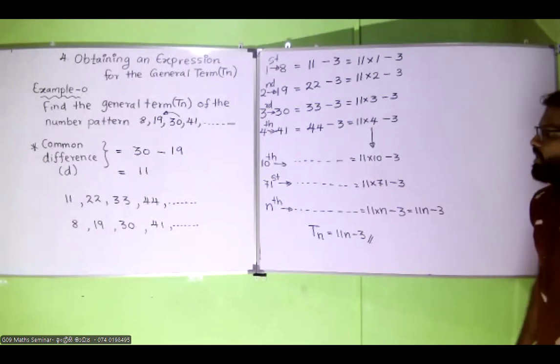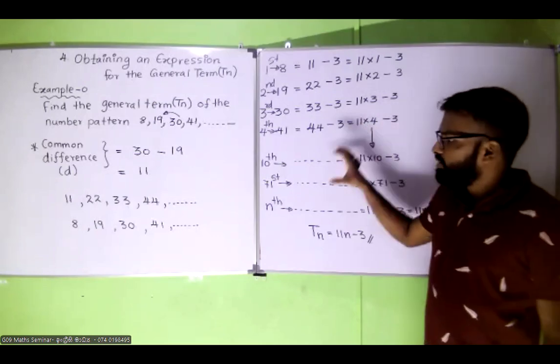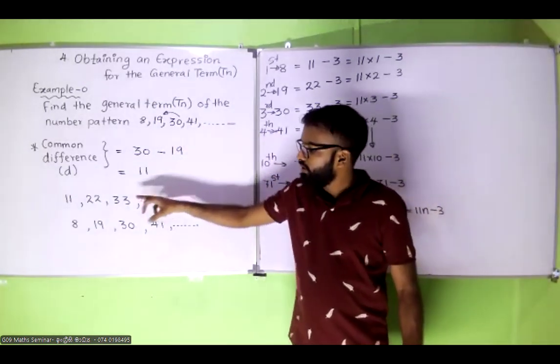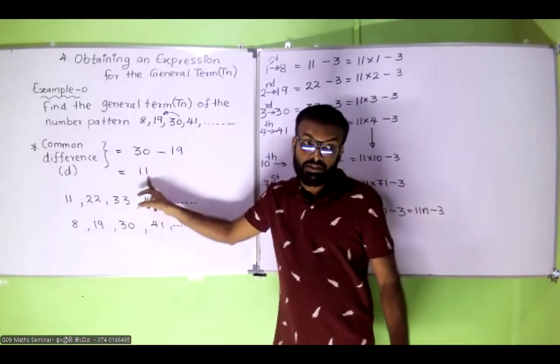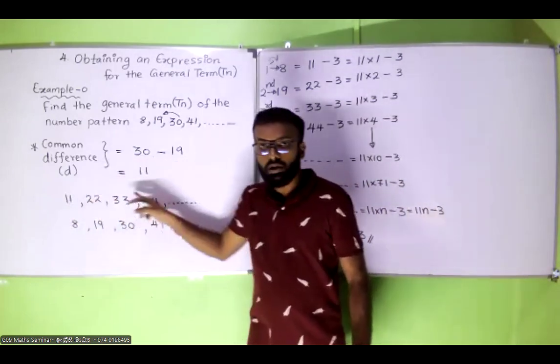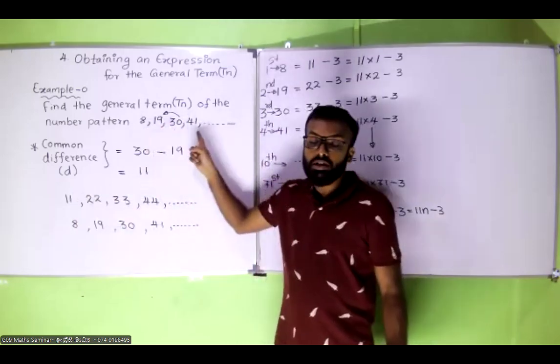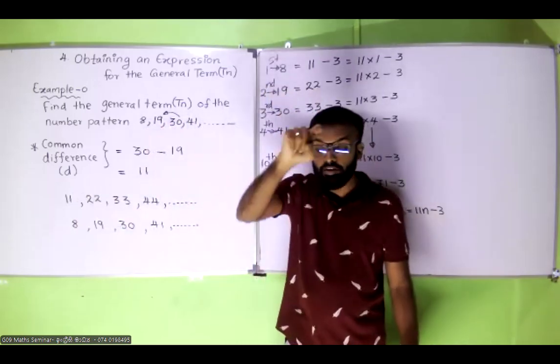Did you understand this method? Find the common difference. Then, if the common difference is 11, write down the multiples of 11. Then, under that, write down the number pattern that you have been given.